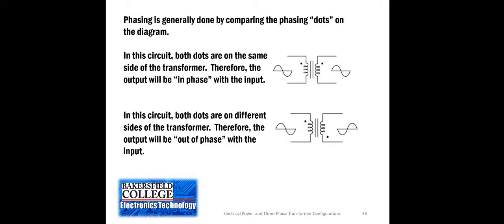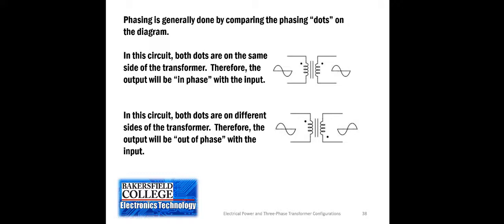So phasing is identified on a schematic diagram in the form of dots. Those are called phasing dots. And so if the dots are on the same side of the coil on both the primary and the secondary, then that means that the output is in phase with the input. So we compare the two and they are 0 degrees phase shift.